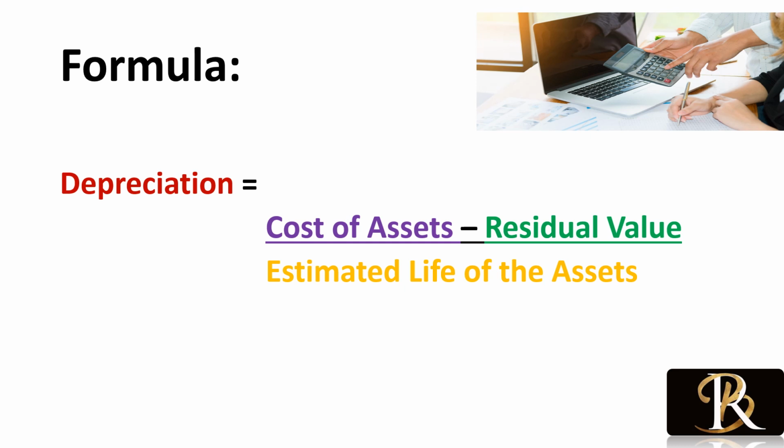So here cost of assets is equal to purchase cost plus transportation and plus installation cost of the particular asset. Residual value means scrap value of the asset, and here estimated life means the entire life period of the asset.